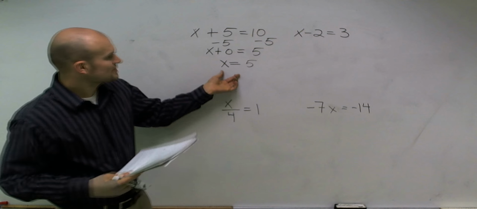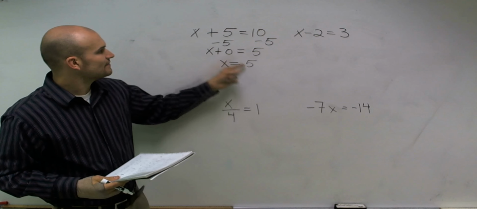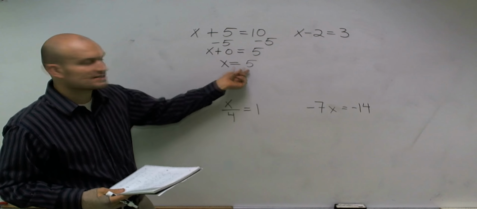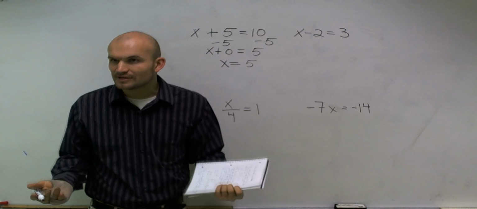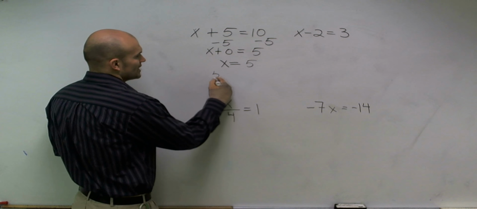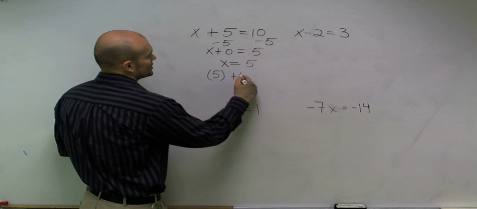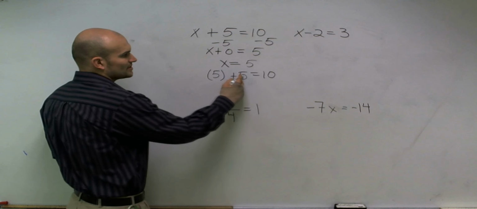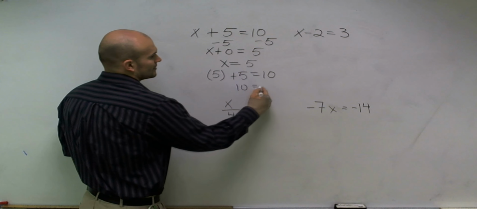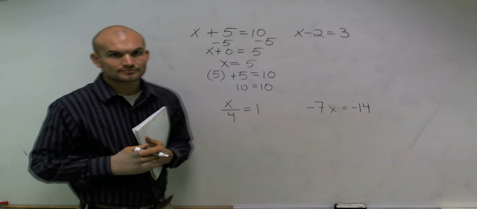So on this equation, my answer is 5. 5 plus 5 is the only answer that's going to equal 10. It's pretty simple, but we can always check the answer by plugging it back into the equation to see if it works. 5 plus 5 does indeed equal 10.